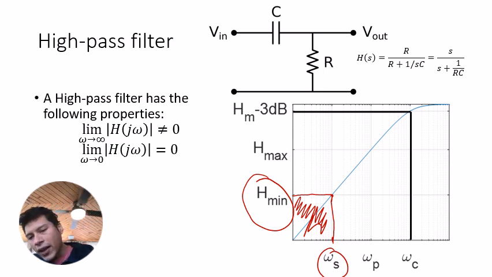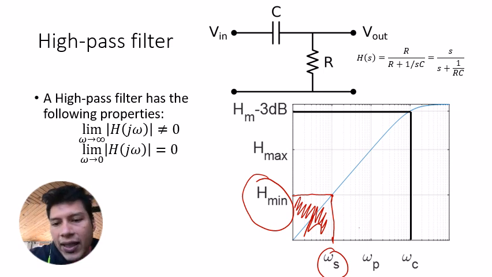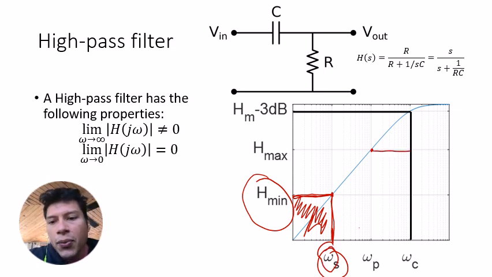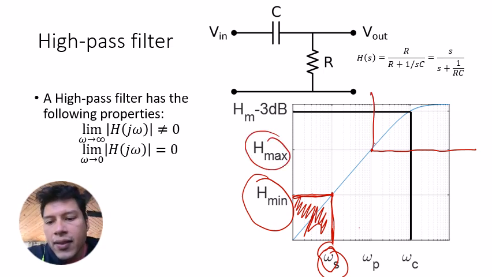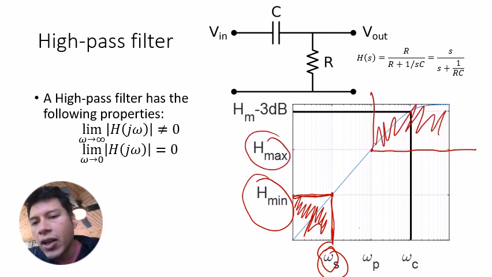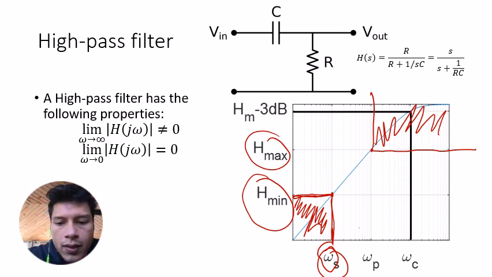In the case of the low pass filter, it was for omega greater than omega s. So basically, we need our response to be smaller than this H min for all frequencies less than omega stop band. And then the second set of parameters is that we need our response to be greater than H max for all frequencies greater than omega passband.